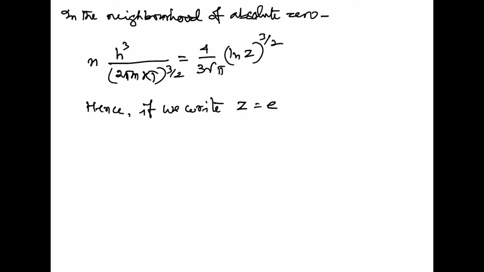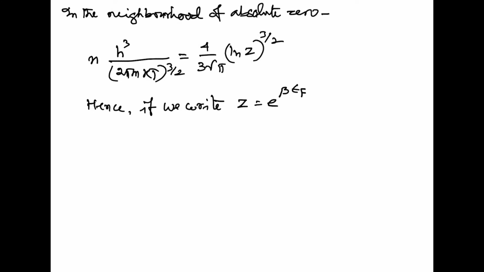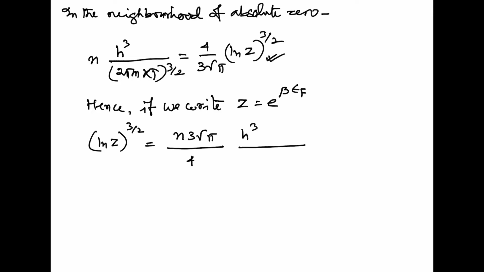z equal to e to the power beta epsilon_F, then from this equation, let's write for z, we will get log z to the power 3/2 equal to n 3 root pi divided by 4 into h cube divided by 2 pi m kT to the power 3/2.